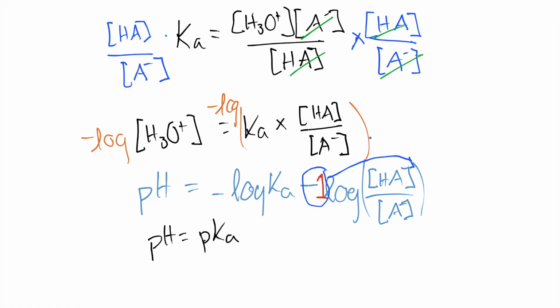That's based on our properties of logarithms. If you need to review those properties of logarithms, I really encourage you to do so, because logarithms are so important when we're dealing with acids. Now that we can put that exponent there, this turns into plus the log of the concentration of the base over the concentration of the acid.